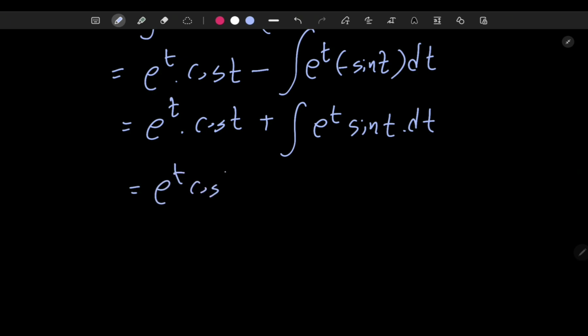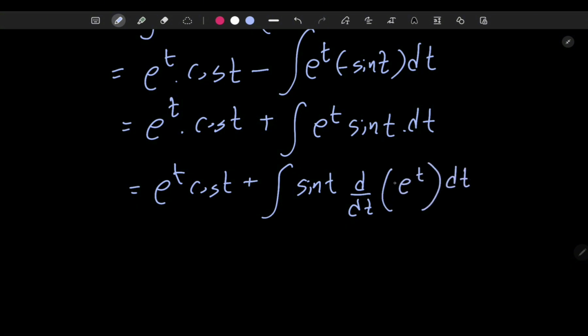Now I'm going to write sin t here, and integrate e to the t inside; the integral of e to the t is cancelled by the differentiation, so it's still e to the t, right?